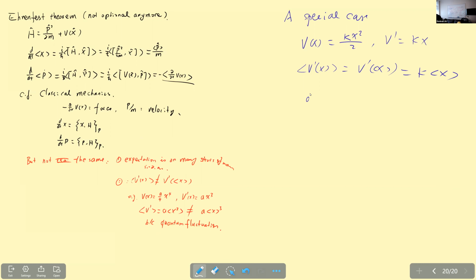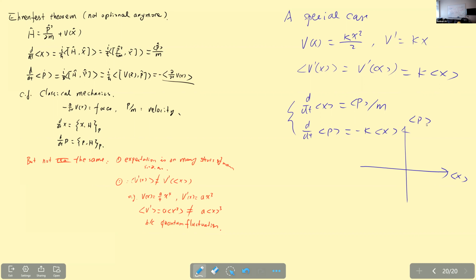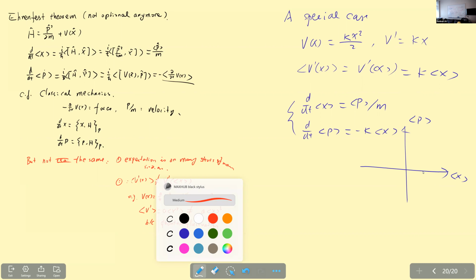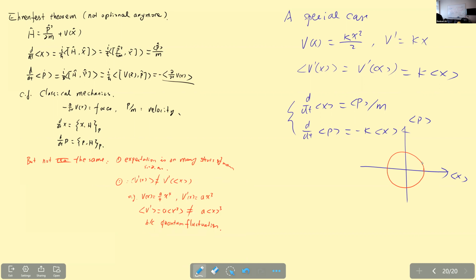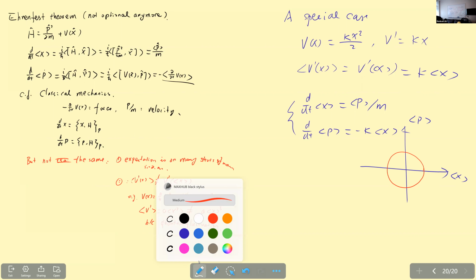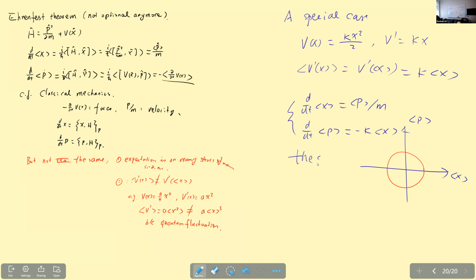So in this case, you get that d over dt of the average x equals the average p over m, and d over dt of the average momentum equals minus k times the average x. If we plot this in phase space, with the average of x and the average of p, the motion is the same as classical mechanics.